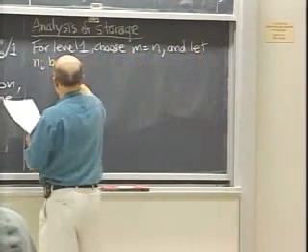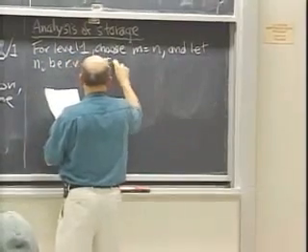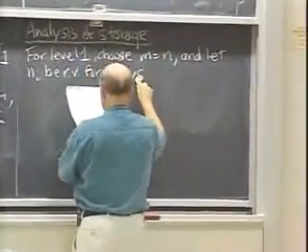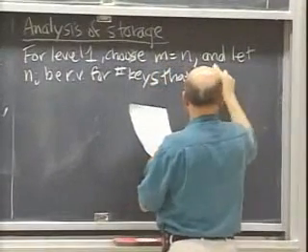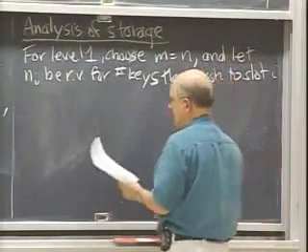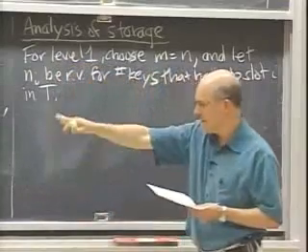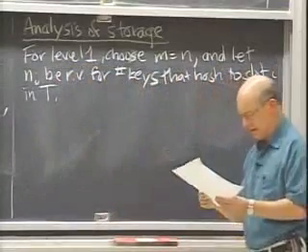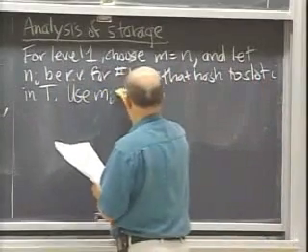And now let n sub i be the random variable for the number of keys that hash to slot i in T. So n sub i is just the number of elements that land in that slot.